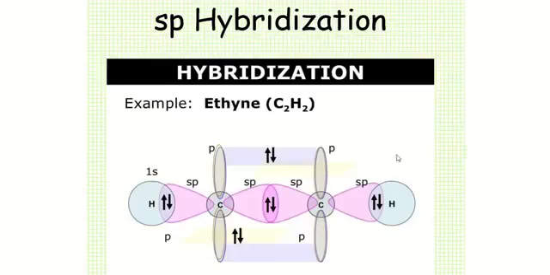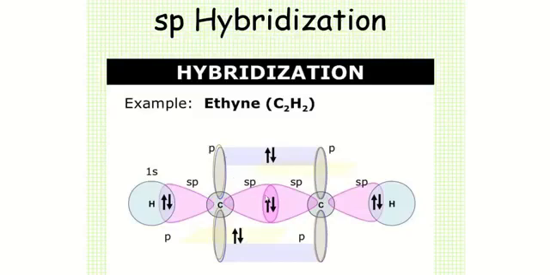So ethine is an example of sp hybridization where each carbon has two sp hybridized orbitals. This is one sp hybridized orbital, this is the second sp hybridized orbital, while py and pz orbitals form a pi bond over the molecule.